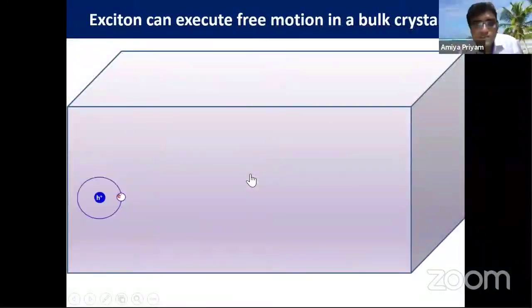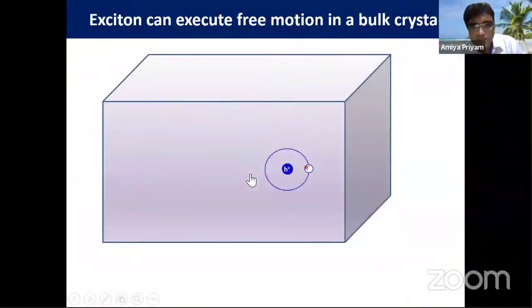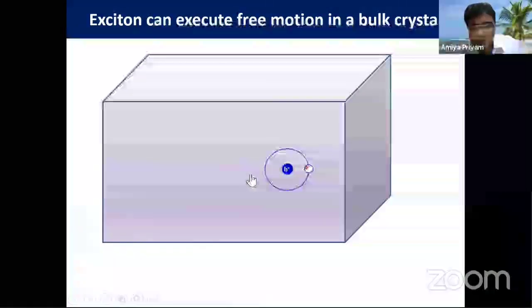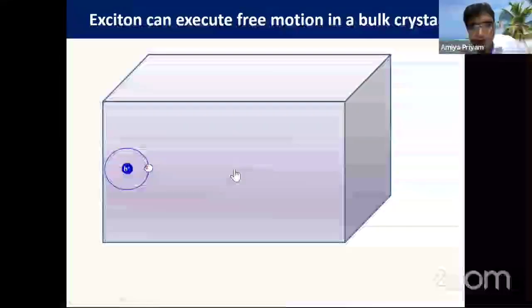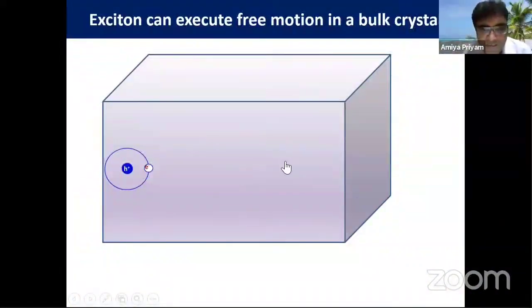Now we slowly decrease the size of this box, the box in which the exciton is kept. It is still free to execute free motion, because the dimension is very large.